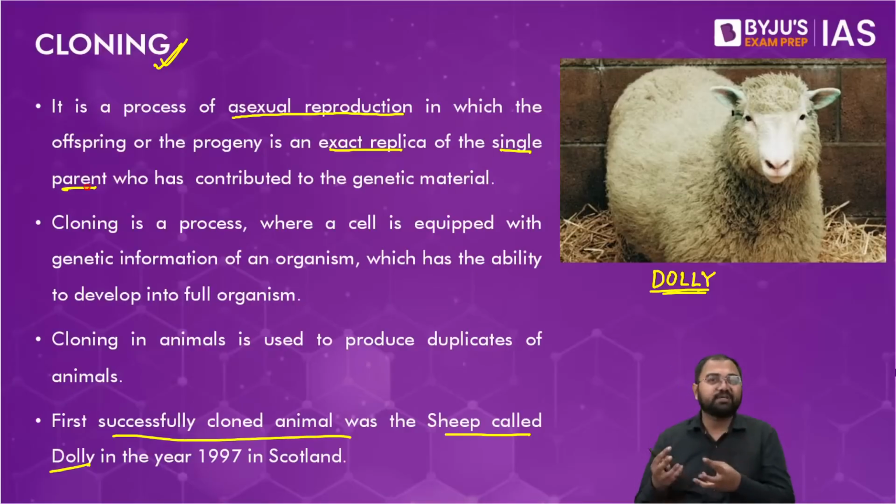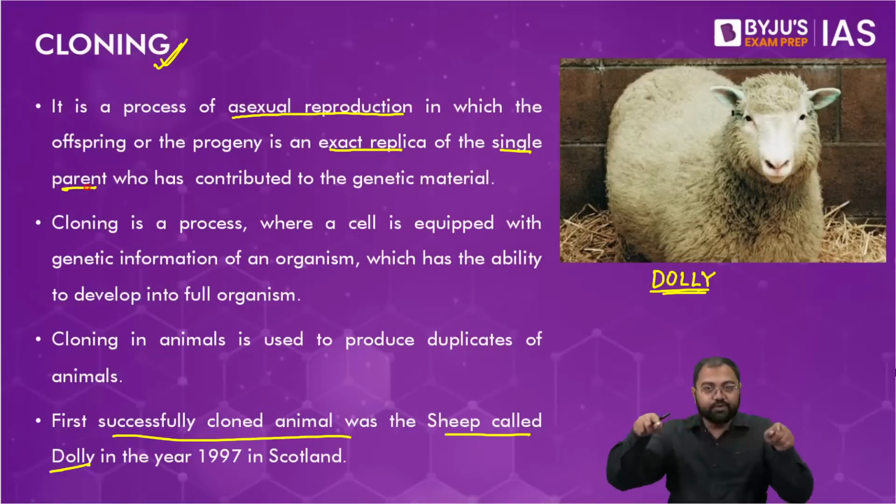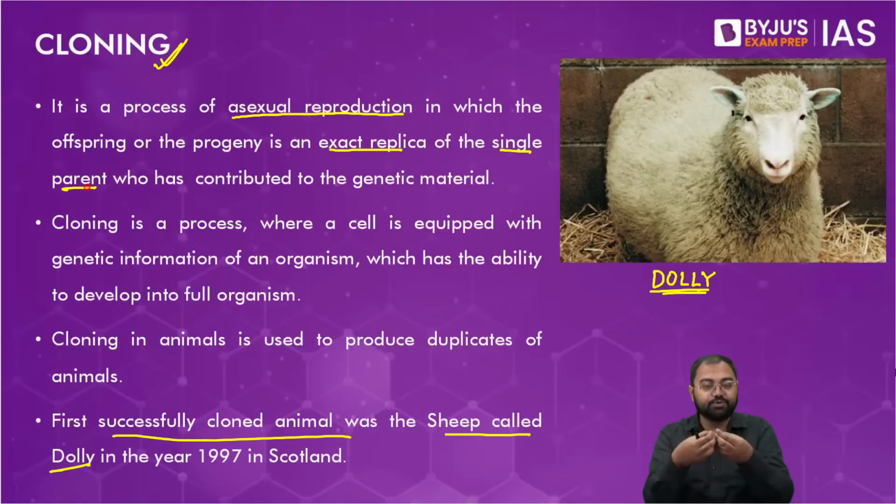So, for example, a simple technique like cell division that is seen in many microorganisms is nothing but asexual reproduction. What happens in cell division is that there is one unicellular organism with a nucleus, and the nucleus starts to divide into two nuclei, and then it divides into two cells with one nucleus each.